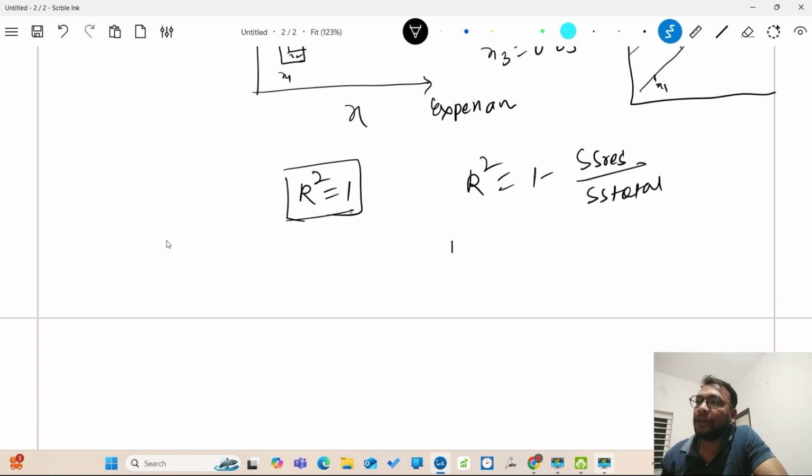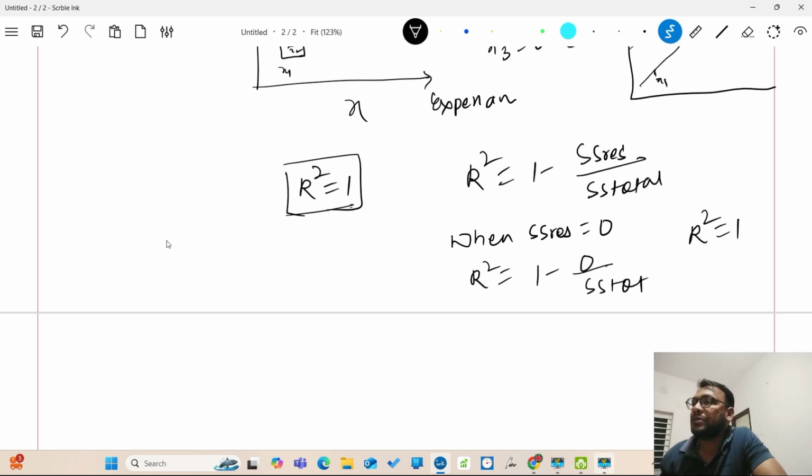When the sum of residuals, SS residual, is equal to 0, r square is 1 minus 0 divided by SS total, so r square is 1. That means whatever model you have built, the sum of residuals will be 0, and that condition gives an r square of 1, meaning 100%.